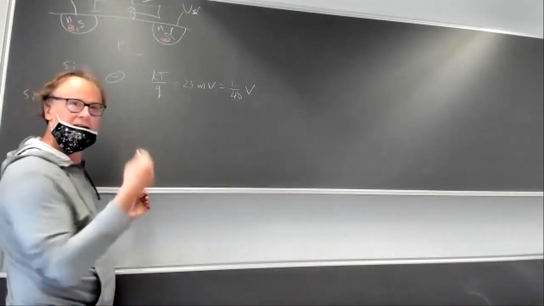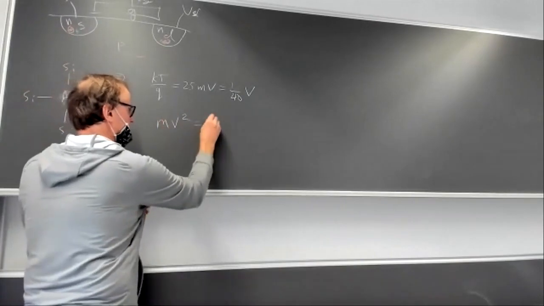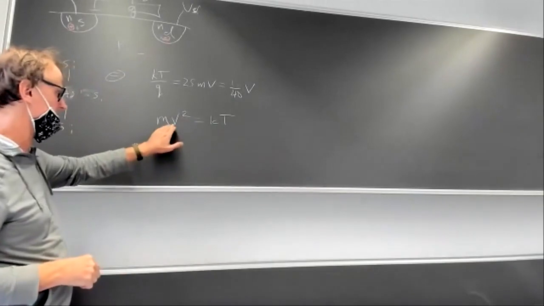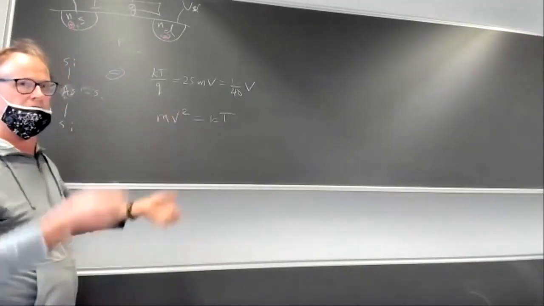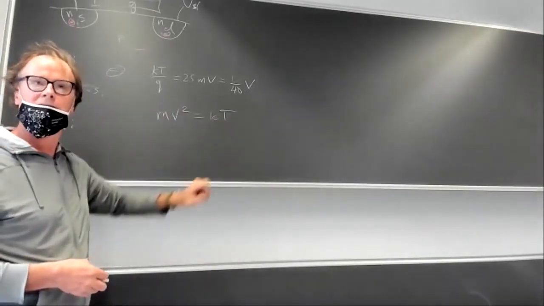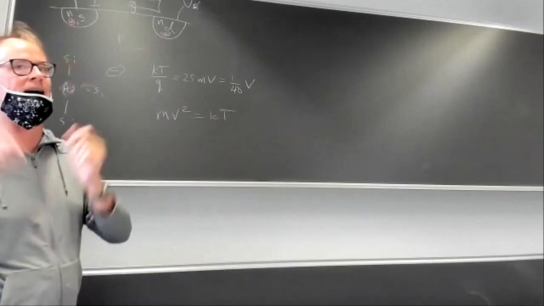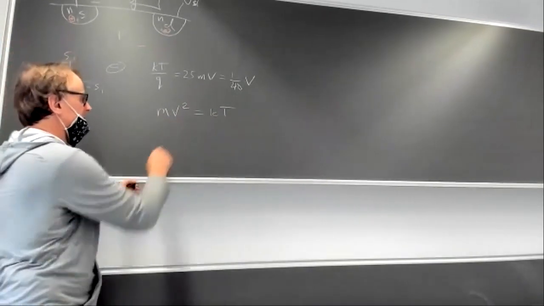So mv squared, forget the 2, equals kT, roughly. This is the kinetic energy, mv squared over 2, but forget the 2, is equal to kT on the average. Forget the factors of 3 halves and all, it doesn't matter. We just want to calculate the rough magnitude of the speed.